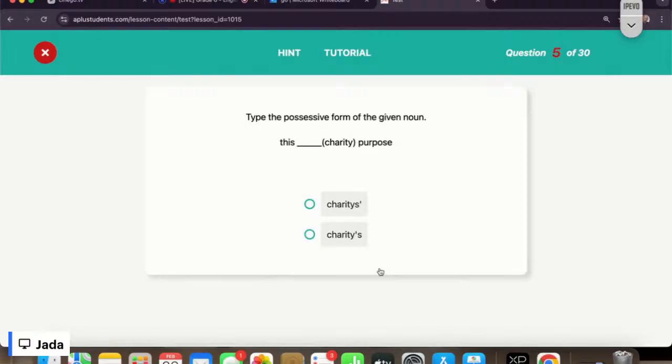Then this charity purpose, is it the first or the second? The possessive form.